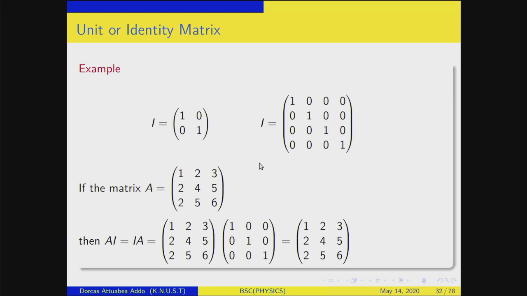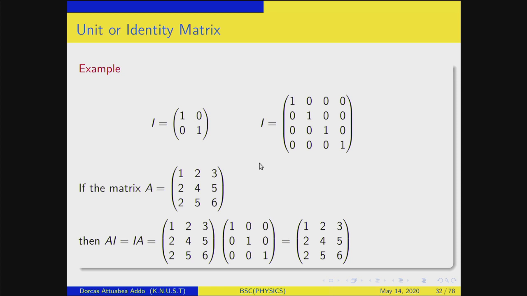Okay. So an example. Take any arbitrary matrix A and multiply by the identity. For the first entry, I have to multiply the first row by the column here. So I have 1 times 1 plus 2 times 0 plus 3 times 0, which will be 1. So that is what you have here. You do the same thing for each column. Let me take the second row by this column.